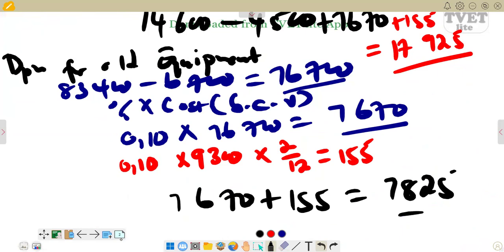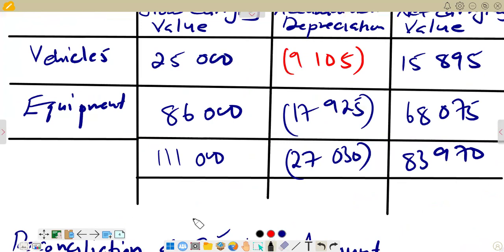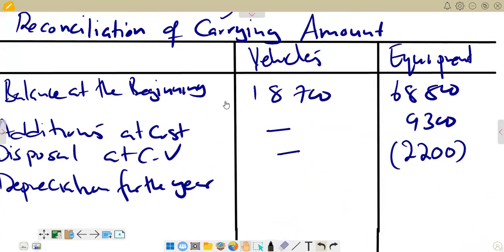So this is your depreciation for equipment. For equipment, let's put 7,825. And then we have depreciation for the year. Again, we're going to show it as a negative.